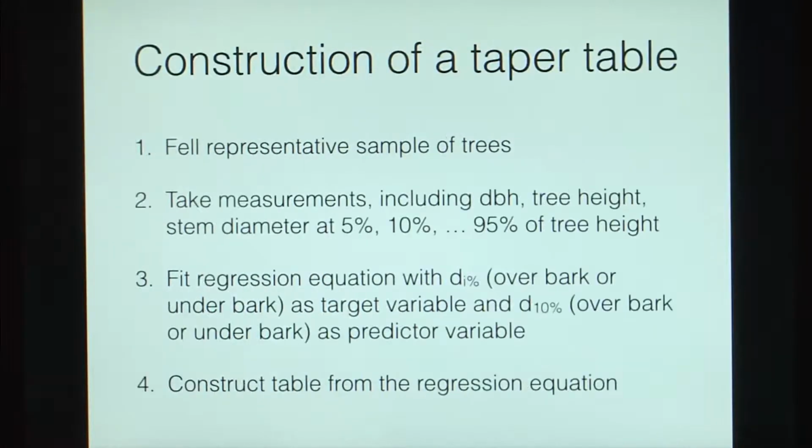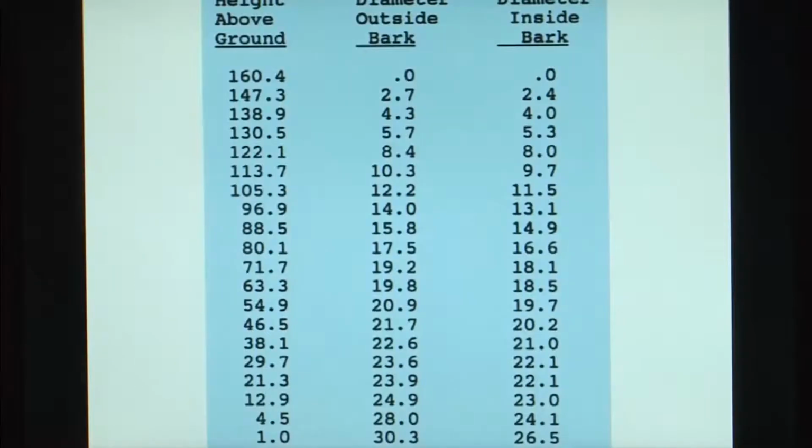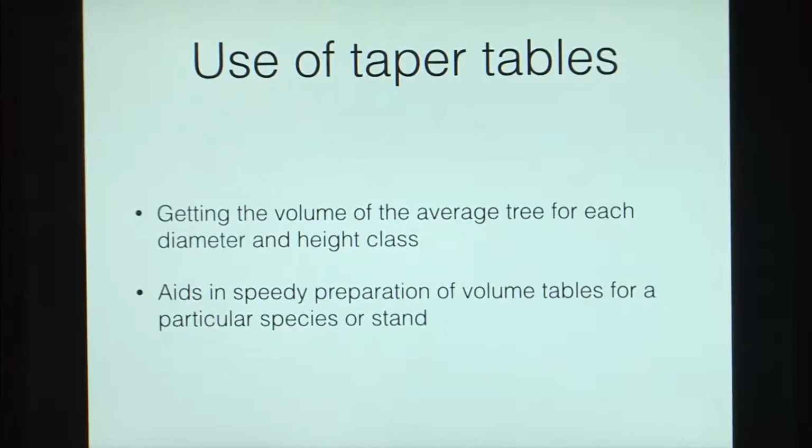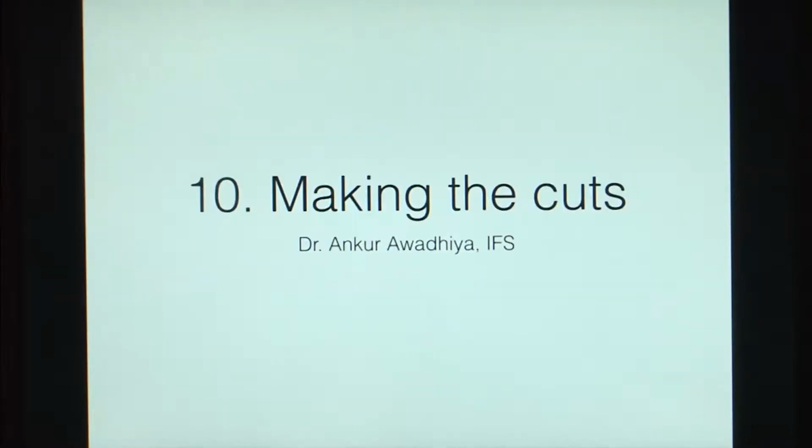We also saw how a taper table is constructed, and they are also of two other kinds: ordinary taper tables and form class taper tables. The use of taper tables is to get the volume of an average tree from each diameter and height class, and thus to prepare a volume table. Volume tables we also looked into in greater detail later in the course.